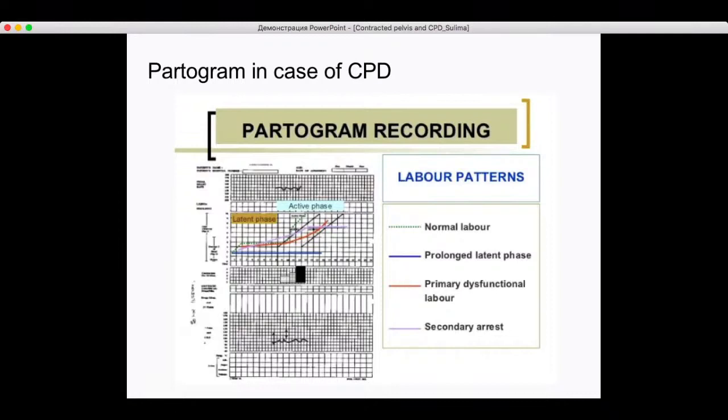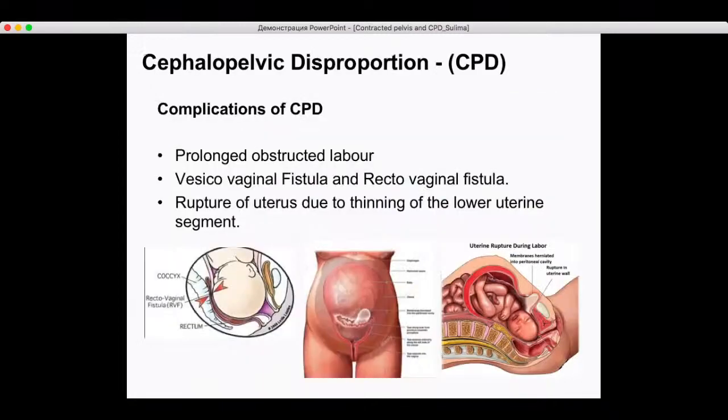You can see a prolonged latent phase, then primary dysfunctional labor, and secondary arrest of descent of a non-engaged fetal head. These are good contractions, but they are not effective. You can see secondary arrest of labor. Labor with CPD is usually ended by cesarean section.